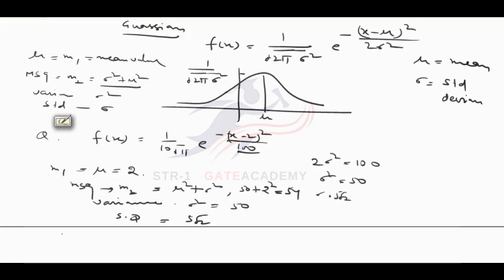Now we calculate the CDF of a Gaussian pulse, which is very important for us. We want to calculate the CDF of a Gaussian PDF. PDF is Gaussian in nature for white noise.